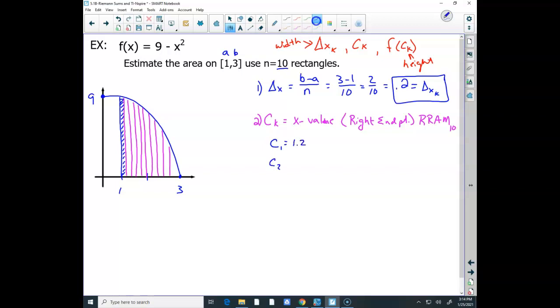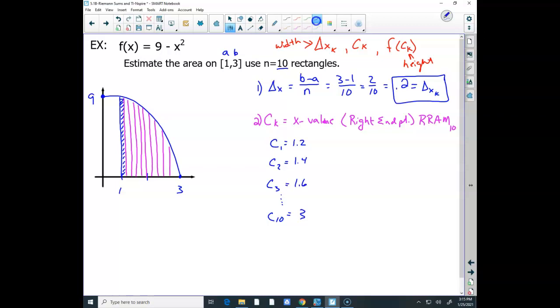My second one, c sub 2, hopefully we can see that's going to be 1.4. And c sub 3, it's going to be 1.6, because I'm just going through all of those. And then it's going to go all the way down to my c sub 10, and my last endpoint is going to be what? Well, c sub 10 is going to be 3.